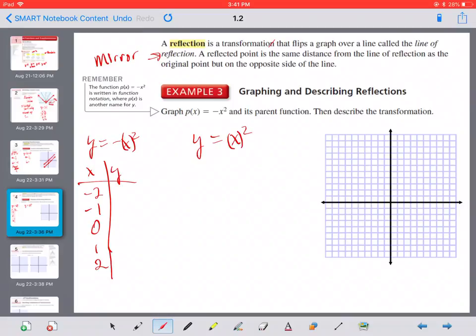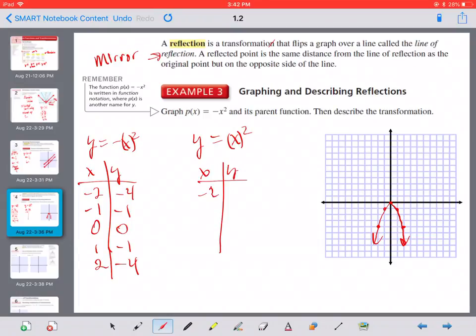So -2 squared becomes 4. 4 times the negative is -4. -1 squared is 1. 1 times the negative is -1. 0 is going to get you 0. 1 squared is 1 times the negative is -1. 2 squared is 4 times the negative is -4. We can graph that guy on there. -2, -4. -1, -1, 0, 0. 1, -1. 2, -4. Remember, it's a parabola, so it's curved.